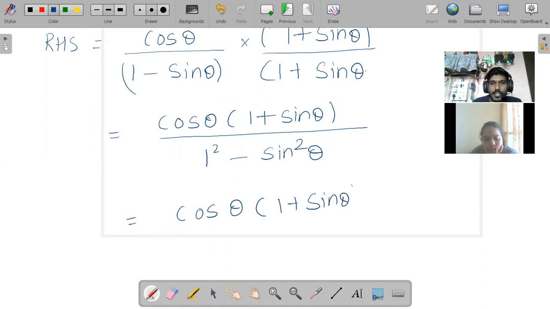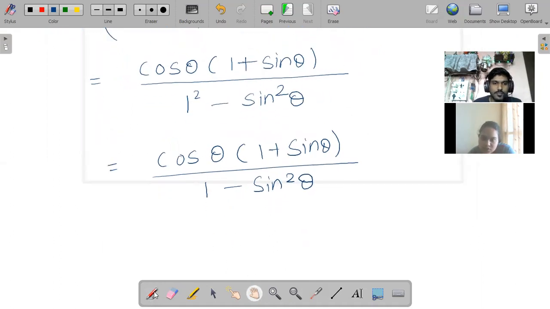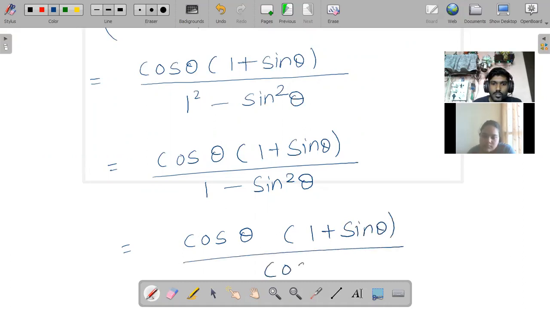Can you tell me what will happen in the denominator? So this will become 1 minus sine square theta. So what is it? Sine square theta plus cos square theta equals 1. So by rearranging, it will equal cos square theta. Yes, cos square theta. So cos theta into 1 plus sine theta upon cos square theta.